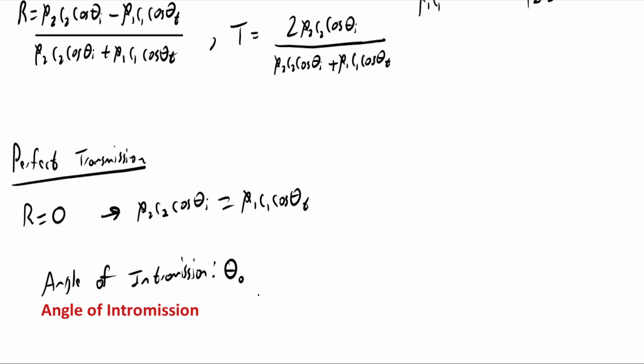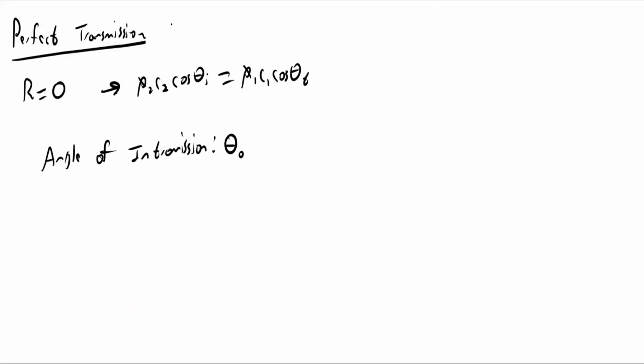We'll call that theta naught. And again, that's the angle at which all the sound is transmitted into the second medium. So using Snell's law, one can actually calculate the angle of intromission, and you obtain the following expression.